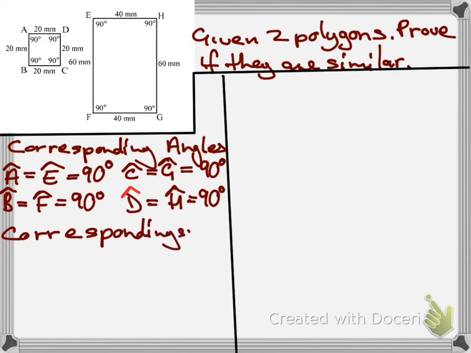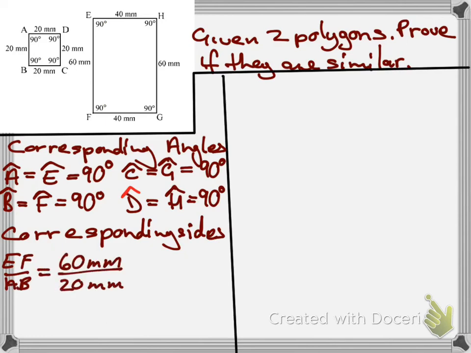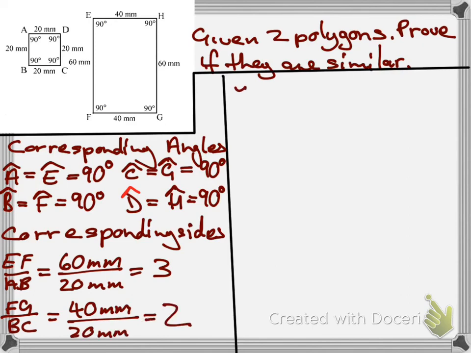Now let's look at the corresponding sides. Remember, they have to be proportional. So let's look at EF all over AB, which will be equal to 60 millimeters divided by 20 millimeters, which gives you a 3. And then FG all over BC reduces to a 2. And then GH all over CD reduces to 3.